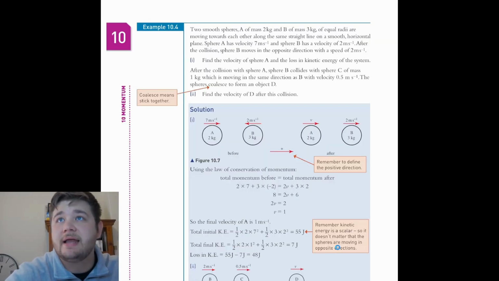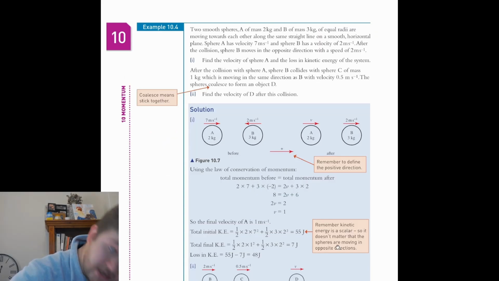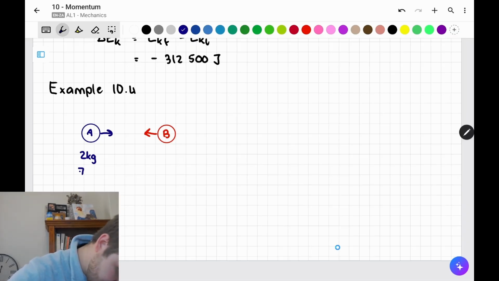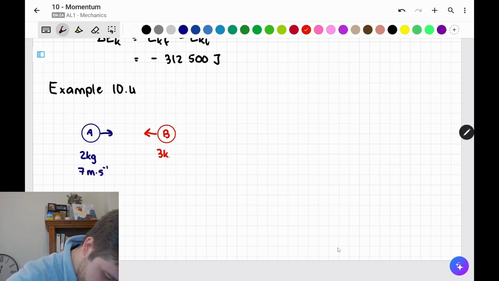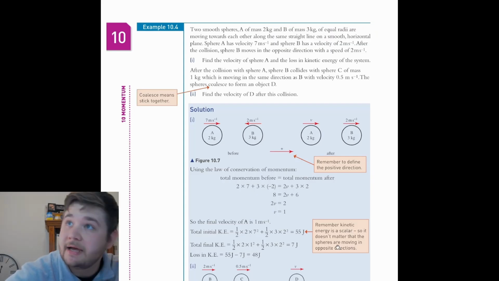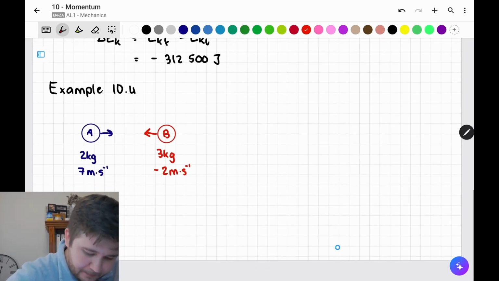Mass A, we said, had mass 2 kilograms, traveling at 7 meters per second to the left. Mass B, on the other hand, is heavier. It has 3 kilograms of mass, traveling at, in this case, negative 2 meters per second. Lovely. This is our before case.